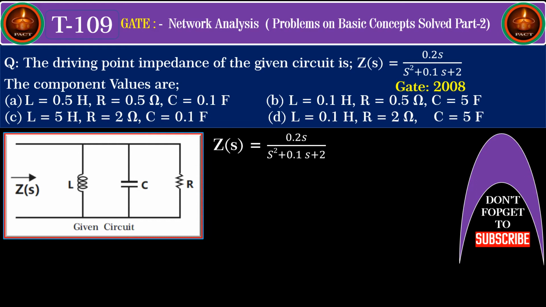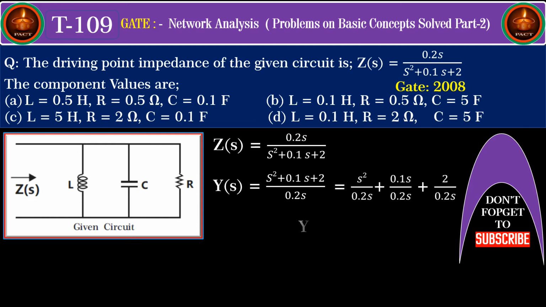And this equation can be written in the admittance form. Y of S is equal to S square plus 0.1S plus 2 divided by 0.2S.